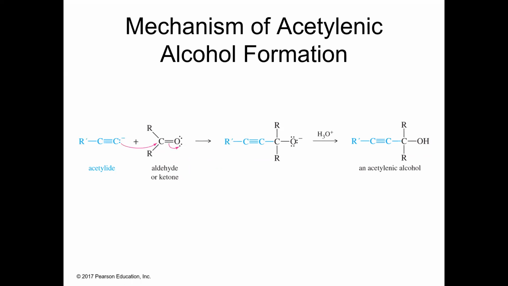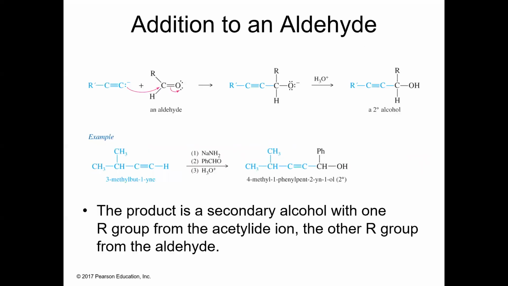Besides the SN2 reaction, this is another way of lengthening a carbon chain. We'll look at alcohols in a future chapter. Alcohols are probably one of the most versatile functional groups. There are so many different ways to prepare them, and so many different things you can do with an alcohol. So this produces an acetylenic alcohol.